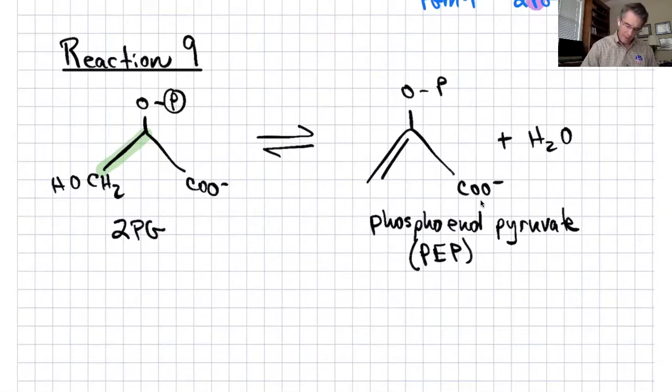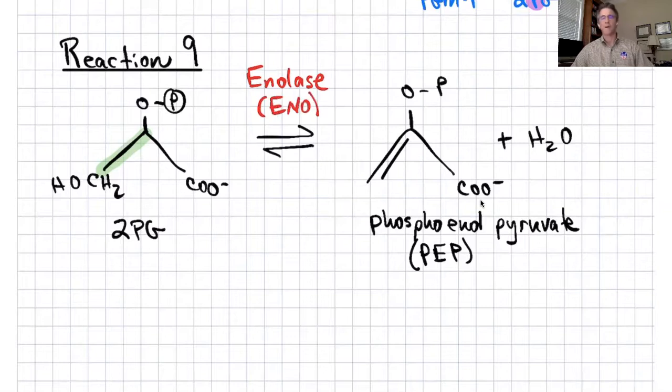The enzyme that drives this reaction is a sort of famous enzyme known as enolase, usually abbreviated ENO, right? Standard state free energy change for this reaction is not so favorable. Again, here's that theme again, right? Standard state free energy change for many of these reactions is not great.